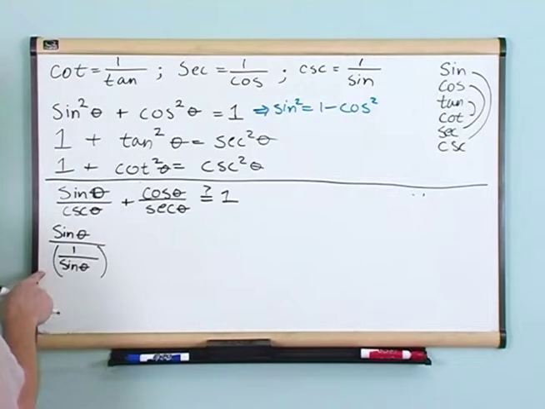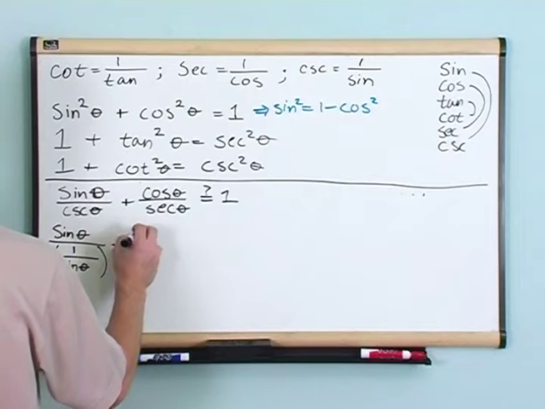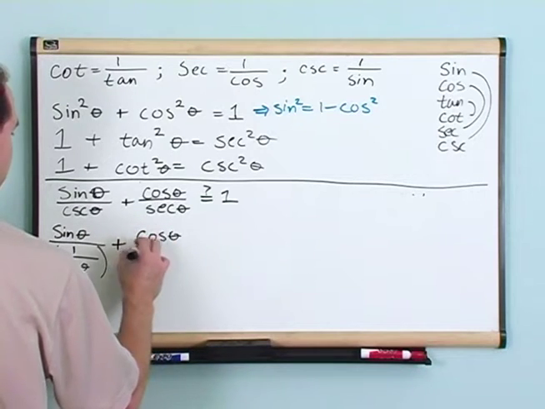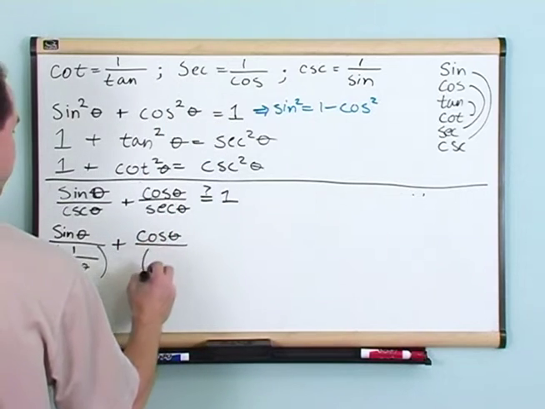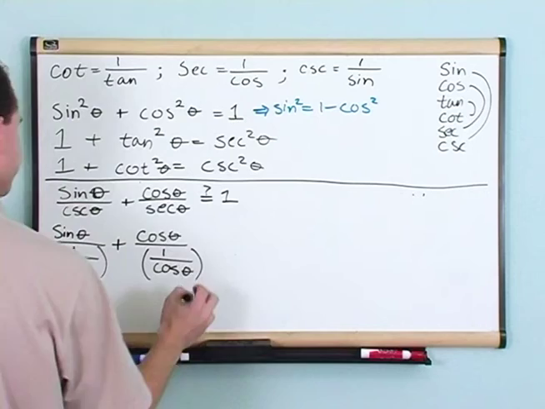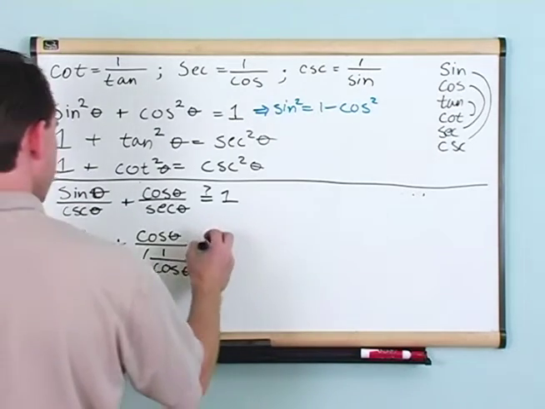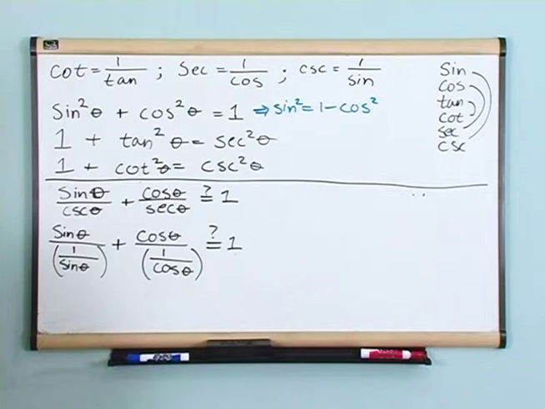I just substituted in for cosecant here. And I'm going to add to that this next term, which is cosine of theta over secant, which is given here as 1 over cosine of theta. And I'm going to ask myself, is this equal to 1?